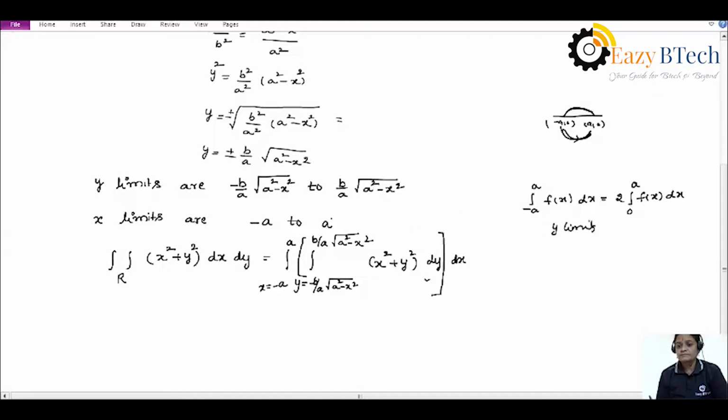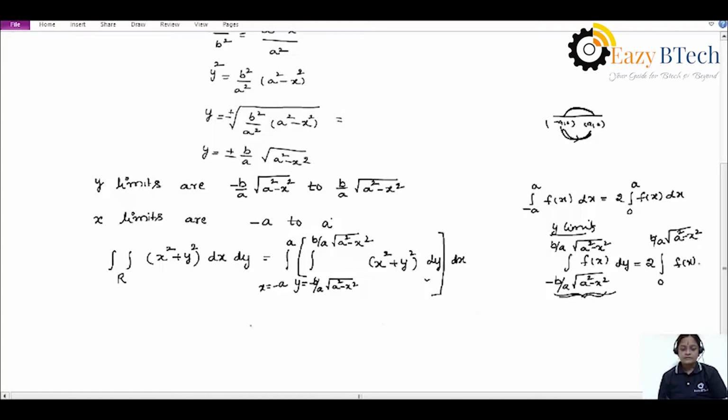The limits in integration are minus b by a root of a square minus x square to plus b by a root of a square minus x square, and dy is there. Then if we change this lower limit to 0 and multiply with 2, we go from 0 to the upper limit b by a root of a square minus x square of f of x.